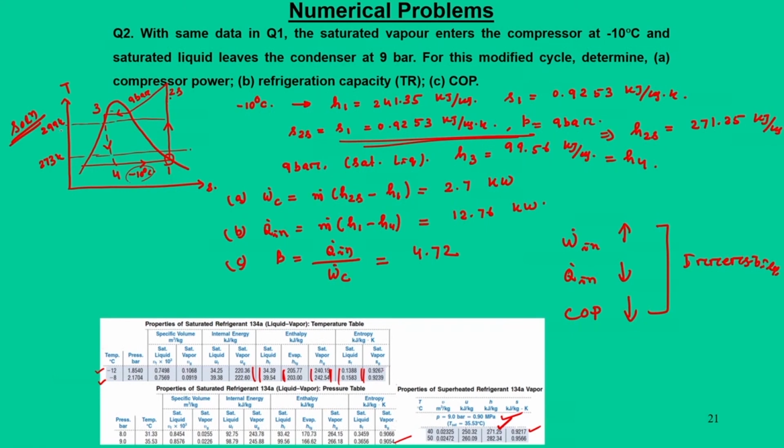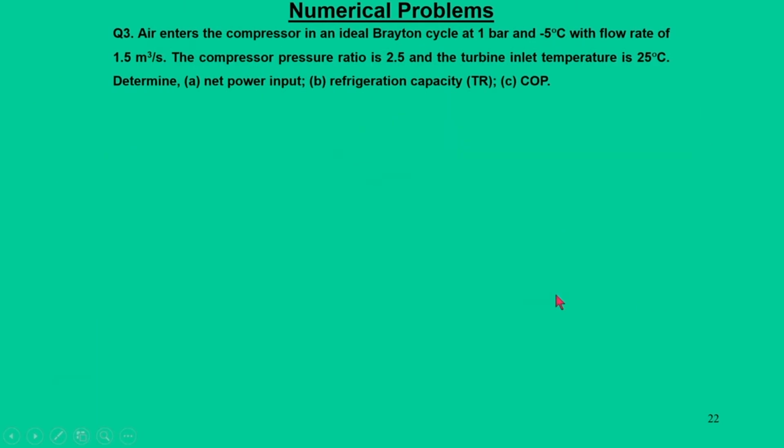Because the cold region temperature is higher than the evaporator temperature, and the hot region temperature is lower than the condenser temperature. So, that is the irreversibility for which there is a drop in COP.